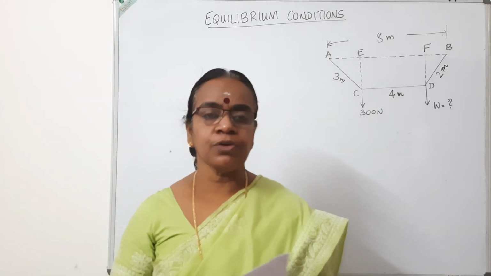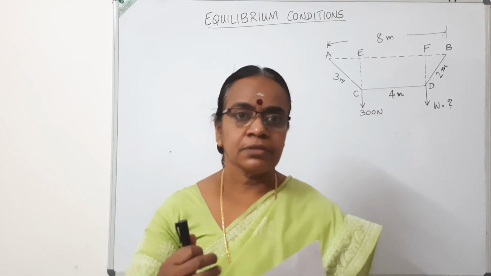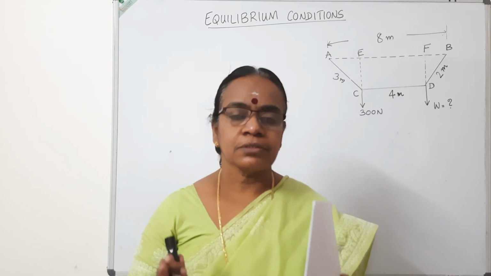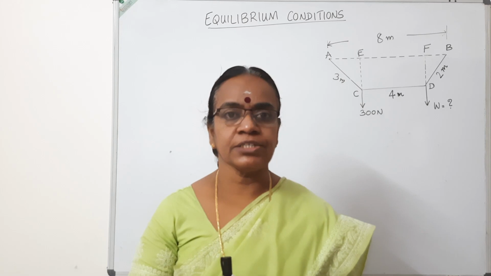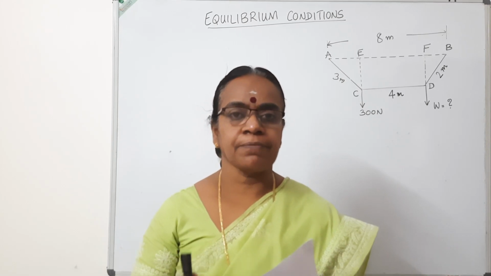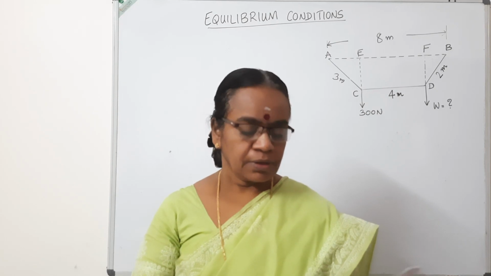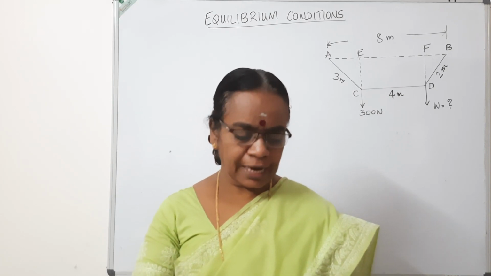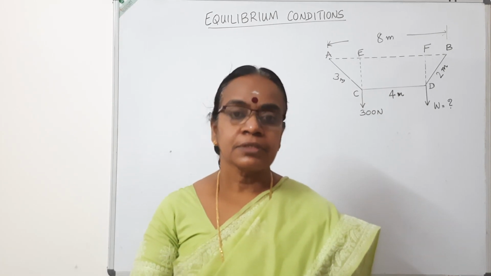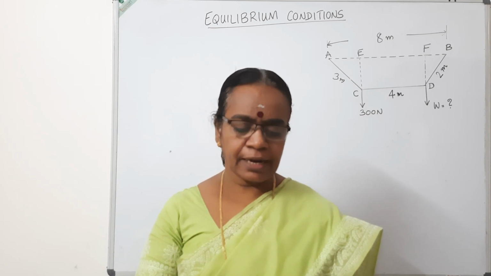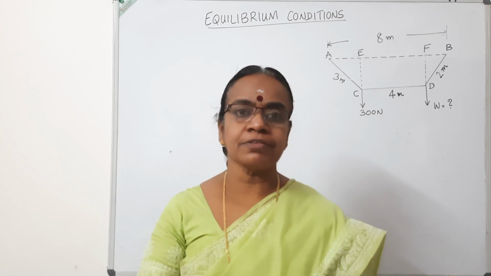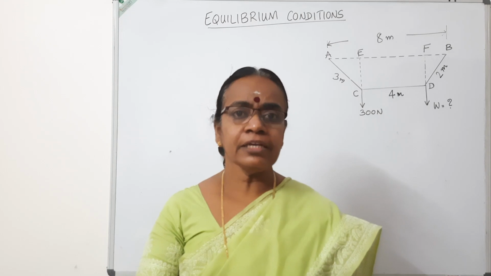Now let us have a numerical example of how to use the equilibrium conditions to solve a physical problem. I'll read the question. A rope 9 meter long is connected at A and B, 2 points on the same level 8 meter apart.